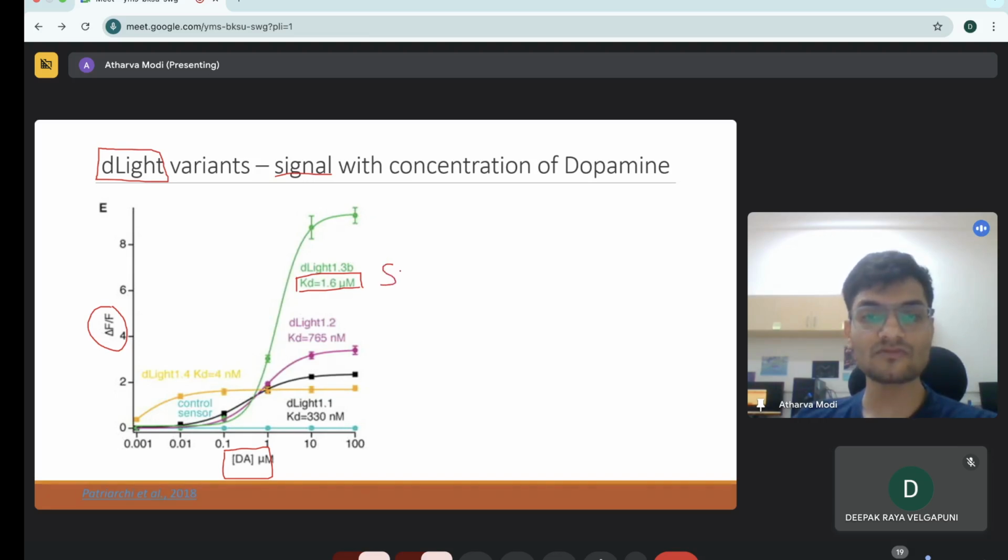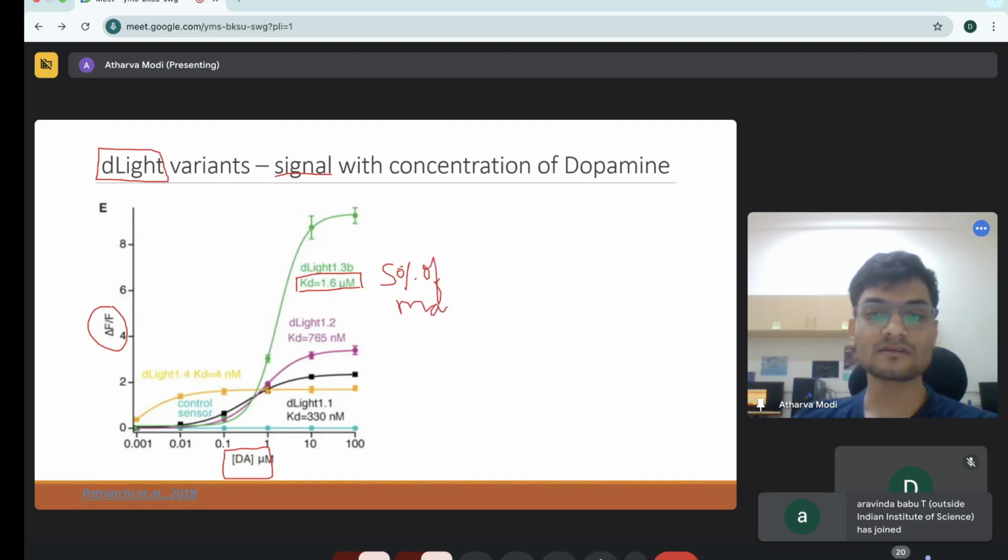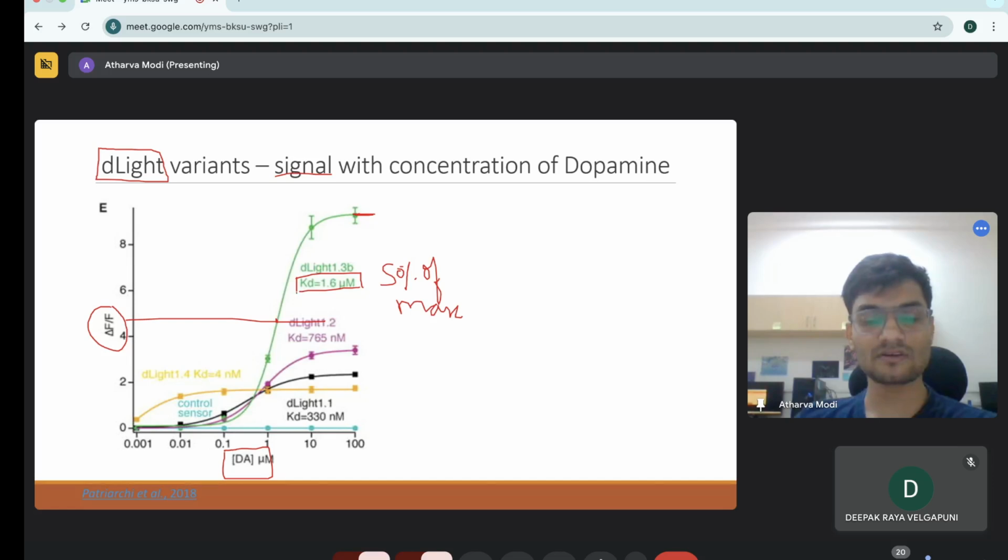So this is the max signal that it gives, around 9. So this is 4.5. This is the KD point for this dLight 1.3B.